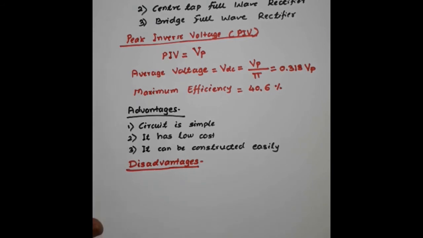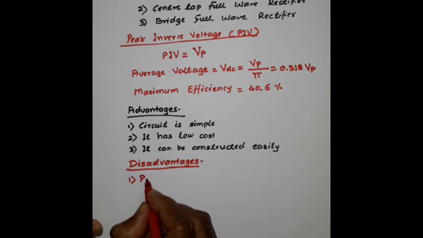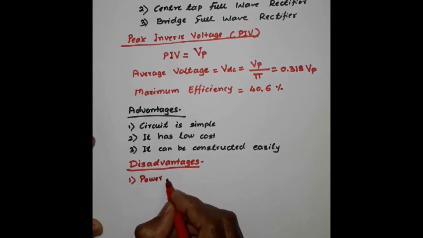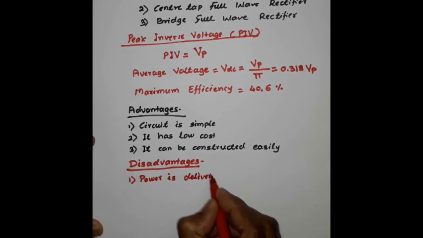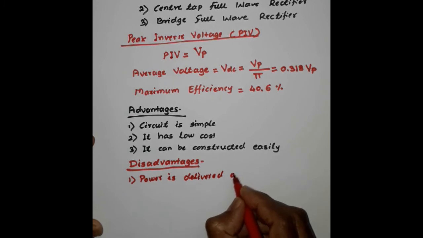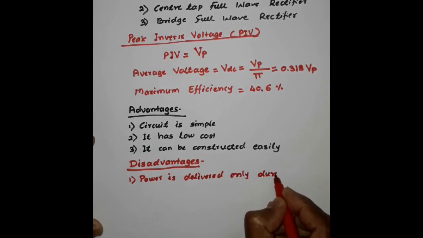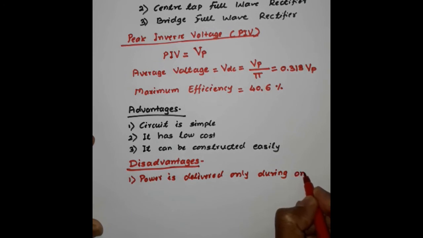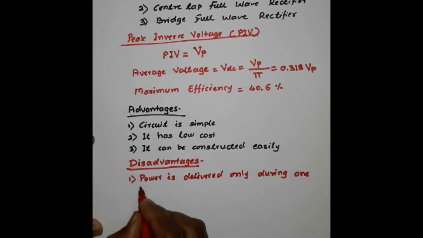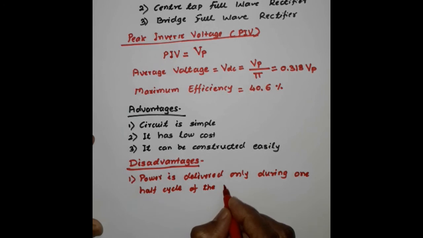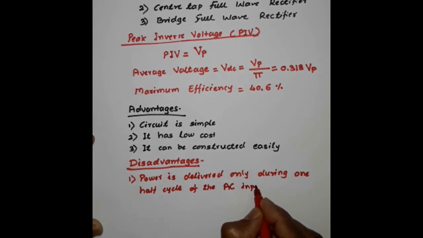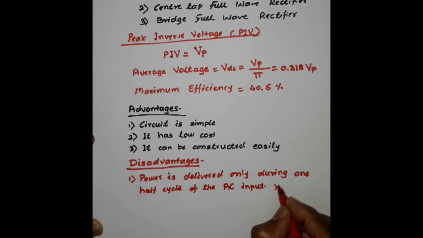So the first disadvantage: power is delivered only during one half cycle of the AC input, hence output is low.